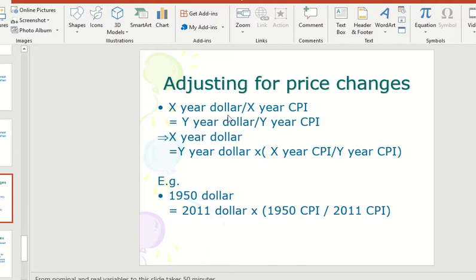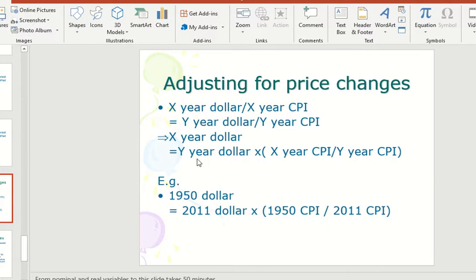So we force the ratio to be equal to Y year dollar divided by Y year CPI. So you rearrange the terms a little bit. Okay? So multiply both sides by X year CPI, then you get this.